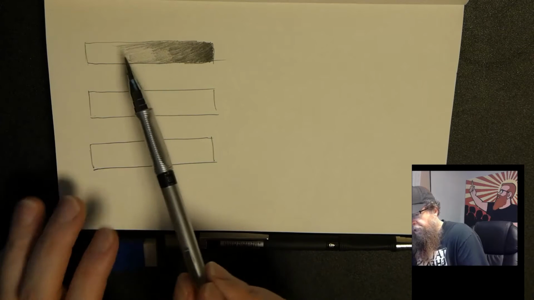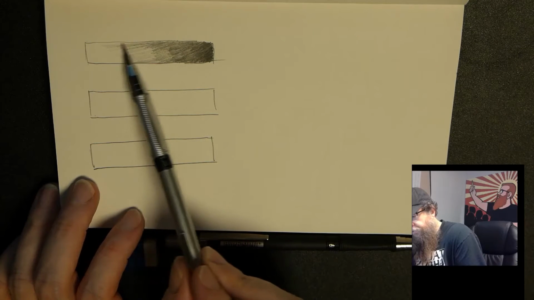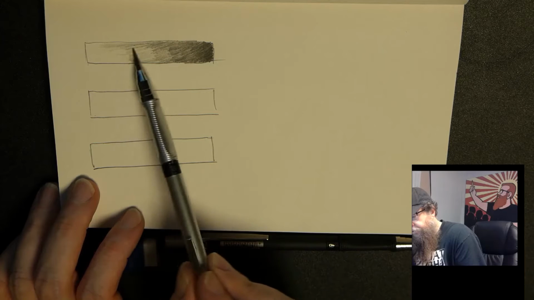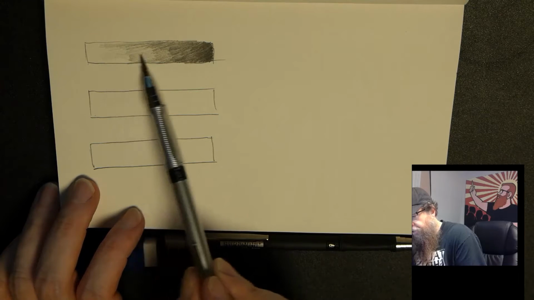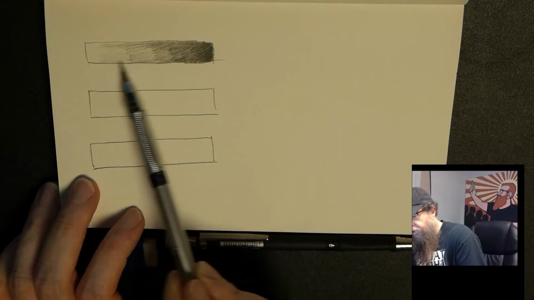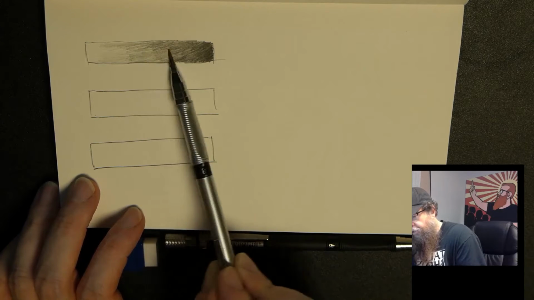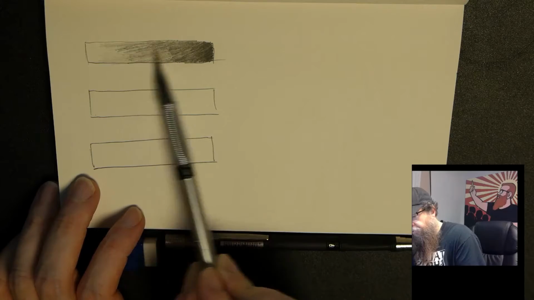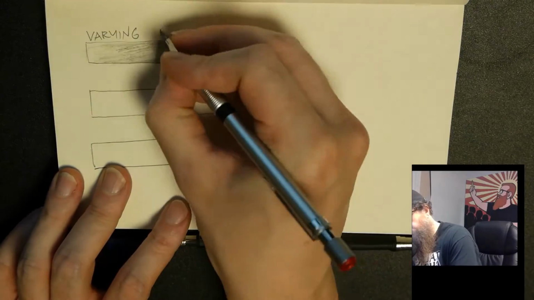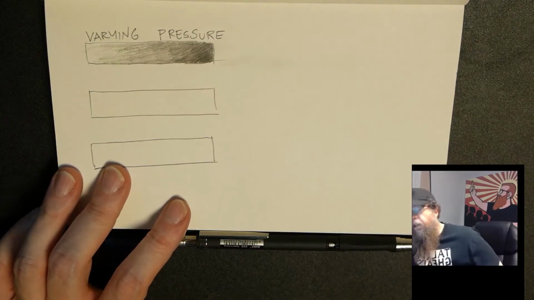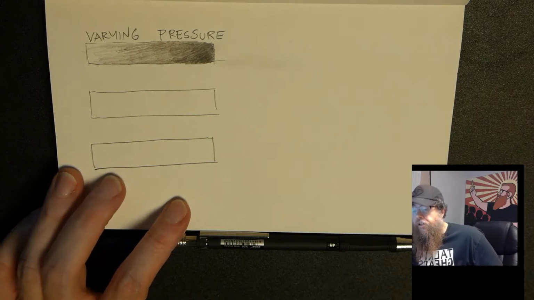By this point, I'm barely touching. Trying to get those really nice light fades. Come back in here and darken it a little because I feel like we got too big a jump back here. Okay, that is called varying your pressure.